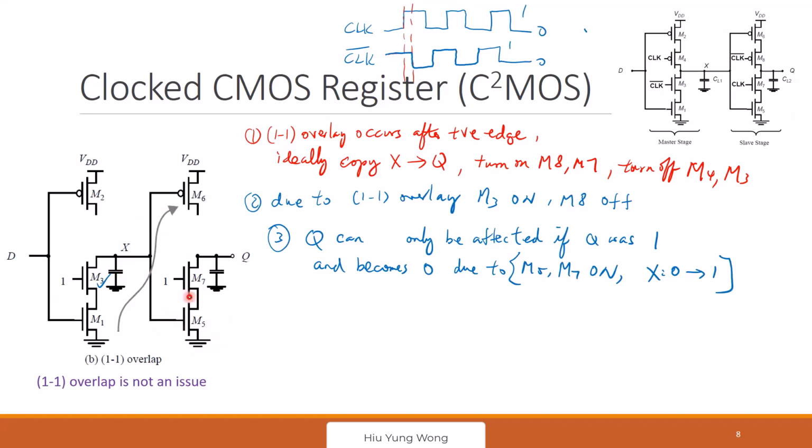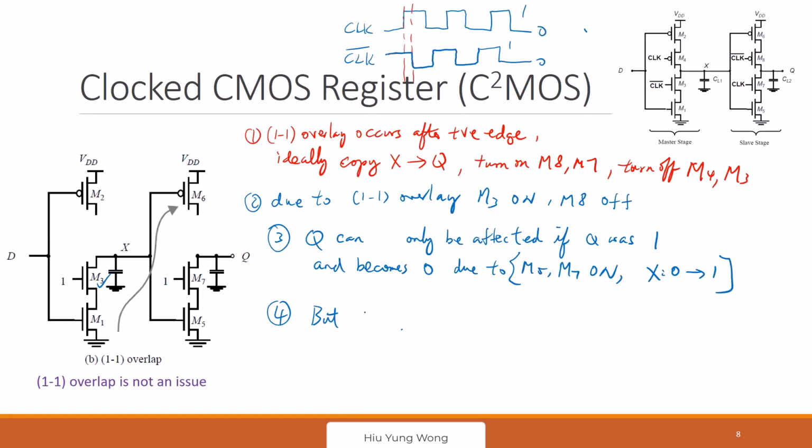Okay? But again, for the same clock, can X go from 0 to 1? Is it possible for X to go from 0 to 1? Are you able to put in a D value so that X goes from 0 to 1? It is not possible.